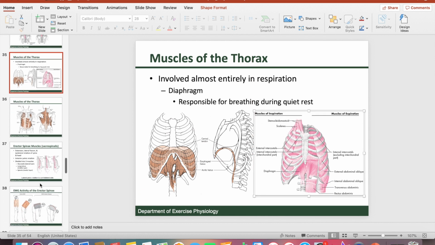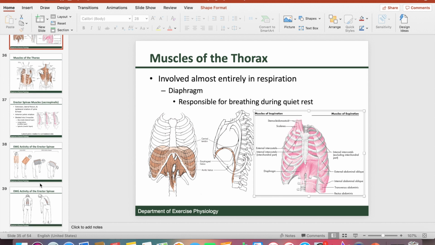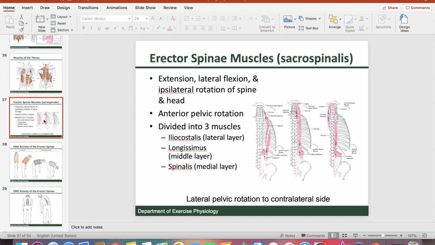Okay, I have one more topic I really want to stress, and that is the erector spinae muscles. Your erector spinae muscles are divided into three muscles: iliocostalis, longissimus, and spinalis. Those three individual muscles make up erector spinae. Erector spinae are primarily type 1 fibers, or postural fibers, slow twitch fibers.